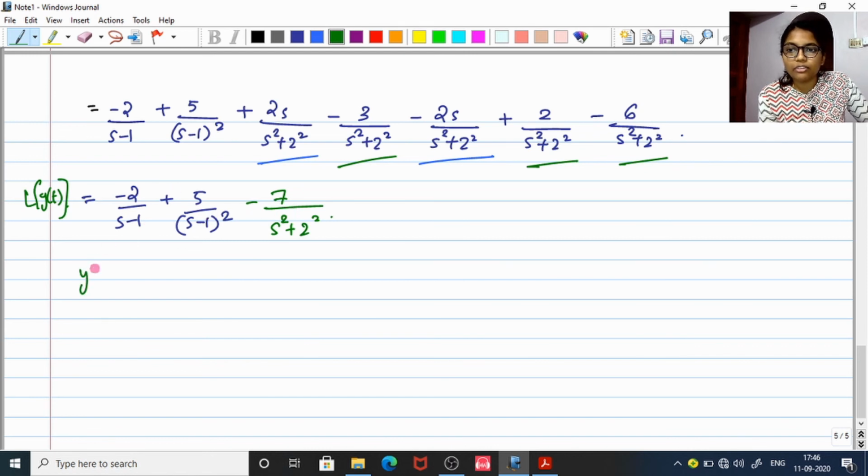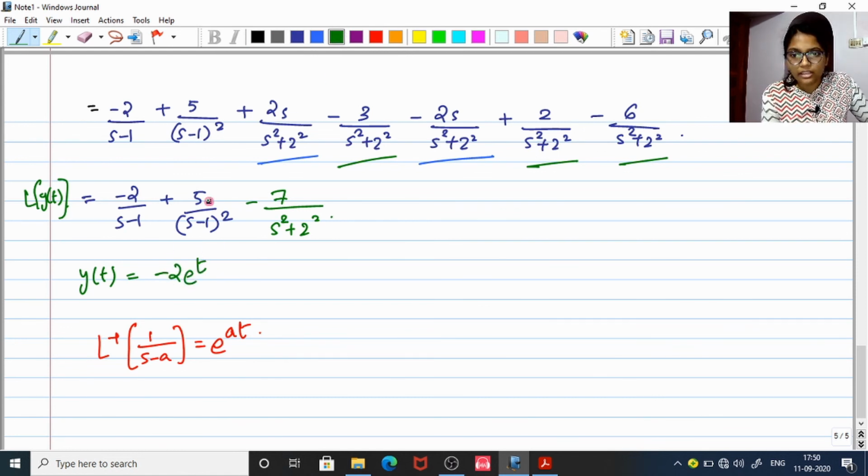That is, y of t becomes inverse Laplace of minus 2 by s minus 1. Here you have a formula: L inverse of 1 by s minus a is equal to e raised to at, and here our a is equal to 1. So the answer is minus 2 e raised to t, plus 5 by s minus 1 whole square. Here you have identified one group, s minus 1. So substitute s minus 1 with s.